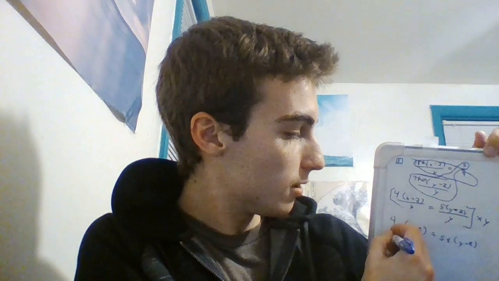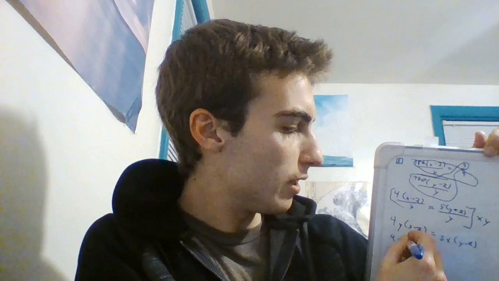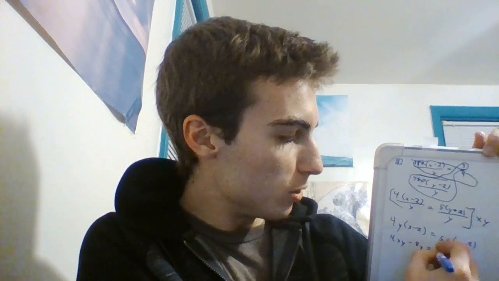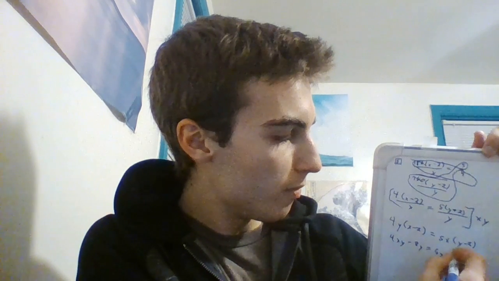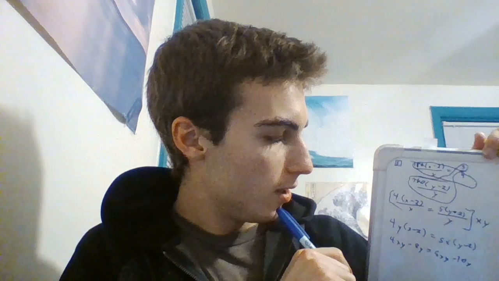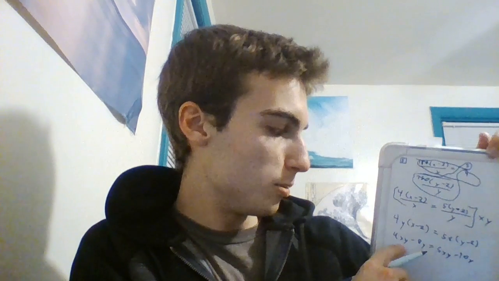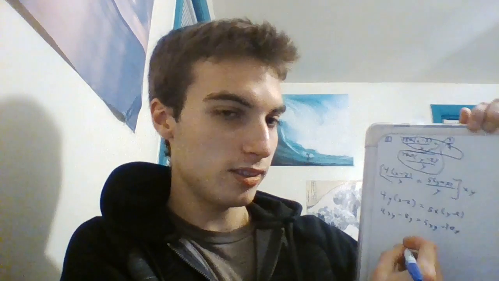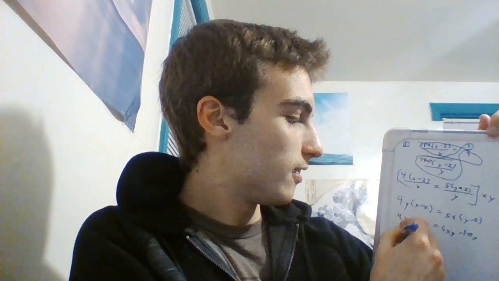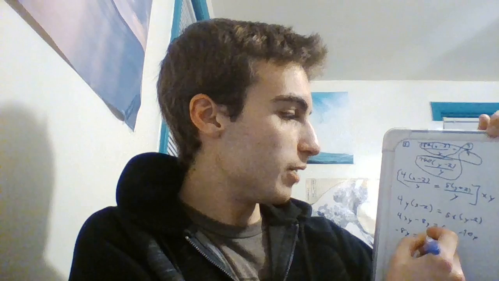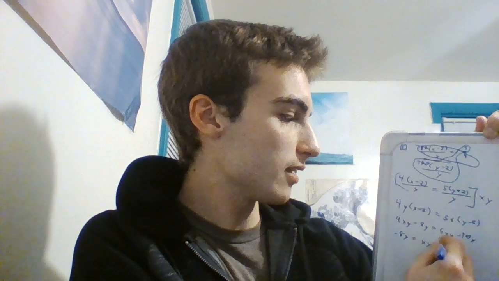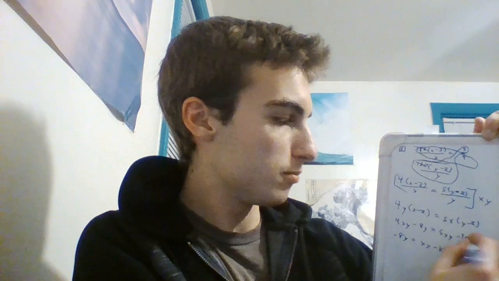Distributing those, 4xy minus 8y equals 5xy minus 10x, alright? And then subtracting this 4xy from both sides, got some nice algebra going on here. Negative 8y equals xy minus 10x.